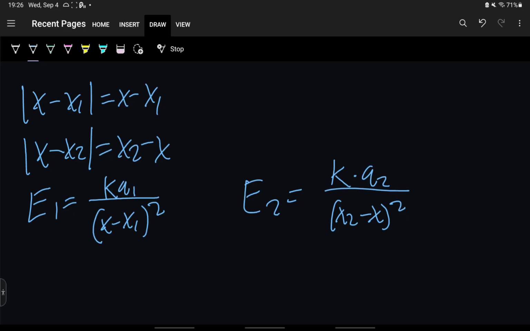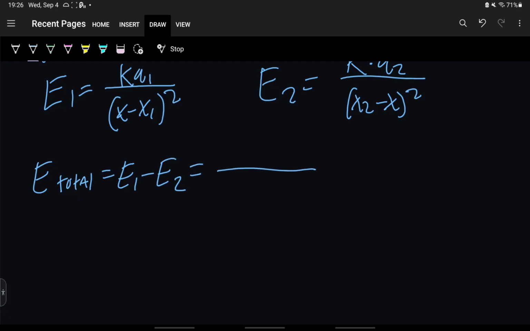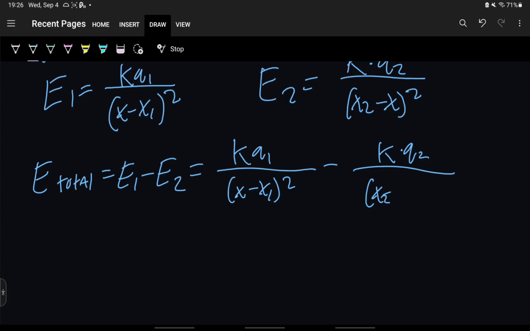Because the fields point in opposite directions, since q1 pushes the field to the right and q2 pushes the field to the left, the total electric field at x is E1 minus E2, which is k times q1 all over (x minus x1) squared minus k times q2 all divided by (x2 minus x) squared.